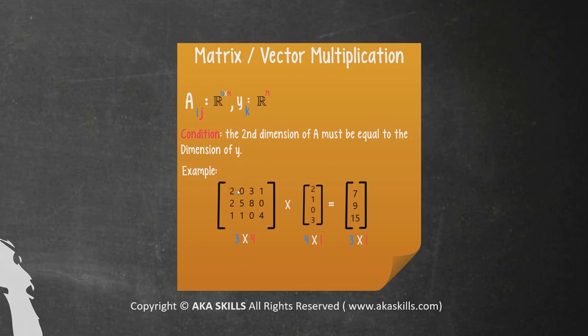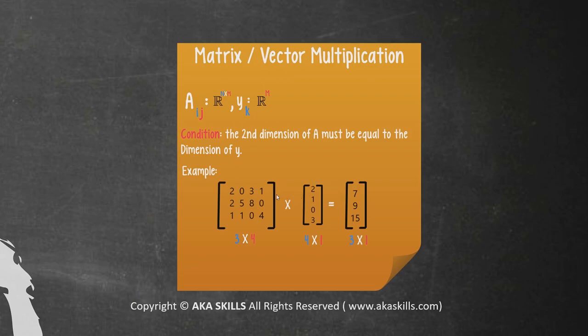Let's see. So you see this row, we come to the first row. We multiply element wise. What do I mean element wise? The first one multiplied by the first one plus the second one multiplied by the second one plus the third one multiplied by the third one plus the fourth one multiplied by the fourth one.